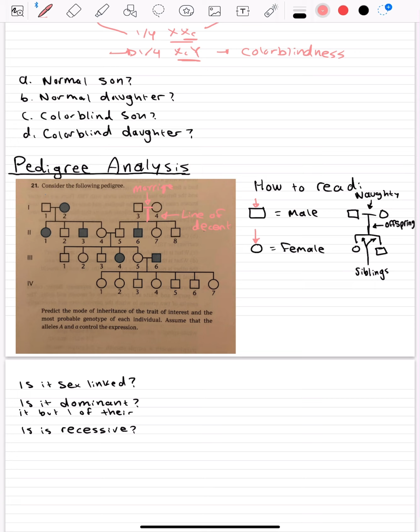Meaning that all these right here are the offspring that these two individuals produced. So the line that connects all of these individuals together signifies that they are siblings. And in this case, this male right here married a female from a different family, and they have another line of descent, and so on. That's how you essentially read a pedigree.